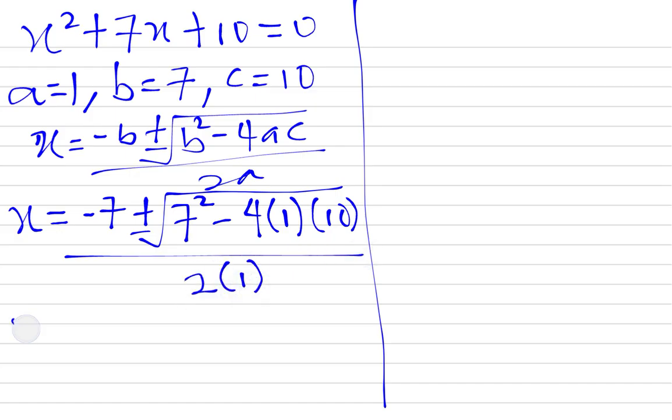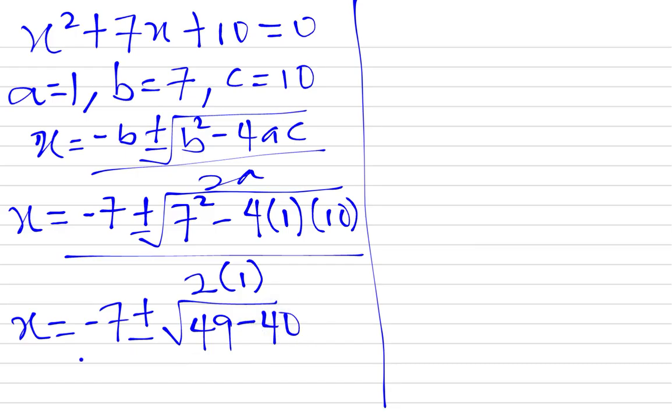Are you seeing that? That now becomes x is equals to minus 7 plus or minus 7 squared is 49. You can see minus times plus, that's minus. 4 times 1, 4. 4 times 10, 40. Are you seeing that now? All over 2 times 1, that's 2.